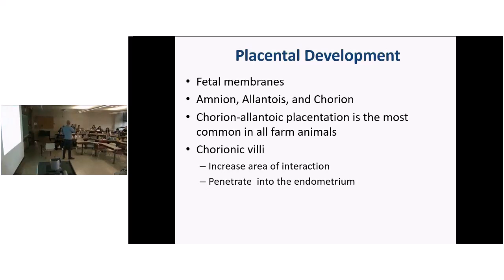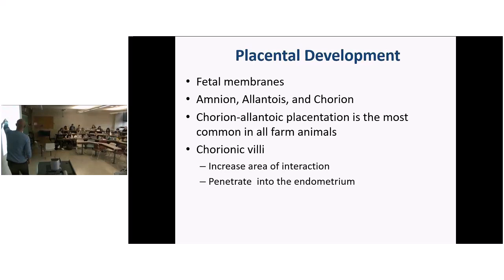Sometimes people don't like to do it because you have to go all the way through the allantoid and the chorion to reach the amniotic vesicle. But the amniotic sac does not have contact with the endometrium, so it's not necessarily part of the placenta.